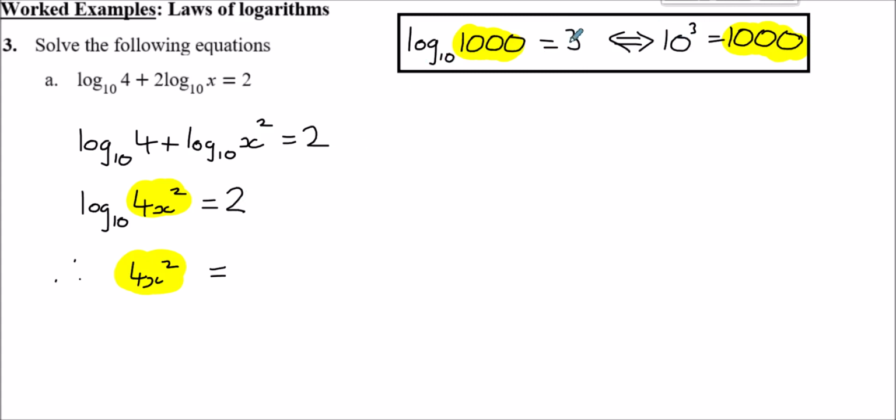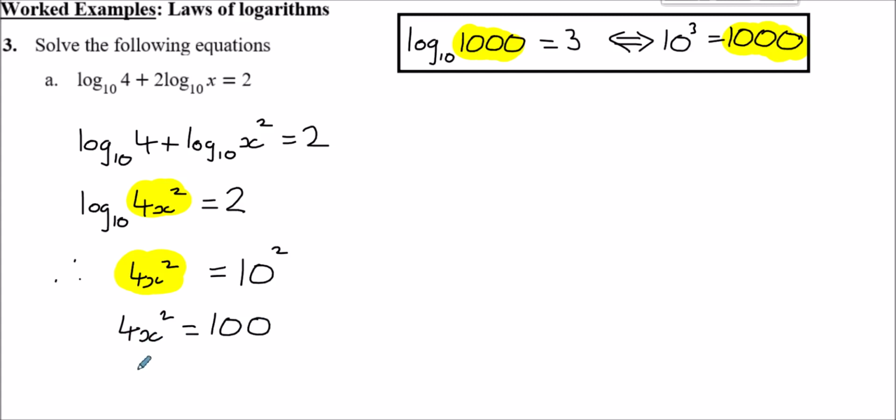So 10 cubed, 10 squared. Just using this link here. So in other words, 4x squared equals 100.